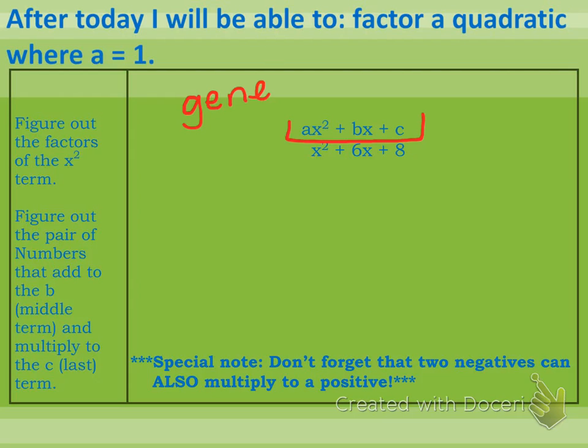general form is ax squared plus bx plus c. Think of it kind of like linear. Remember, linear was y equals mx plus b, where m was a number and b was a number. Okay, well, quadratics are the same thing.